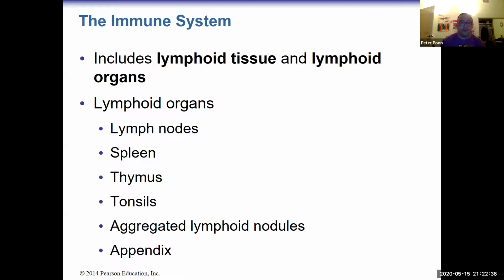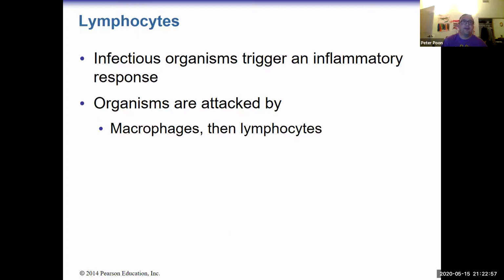The lymphatic tissue consists of the lymphoid organs and lymphoid tissue. So the lymphoid organs: lymph nodes, spleen, thymus, tonsils, aggregated lymphatic nodules, appendix. So an infectious organism will trigger an inflammatory response.